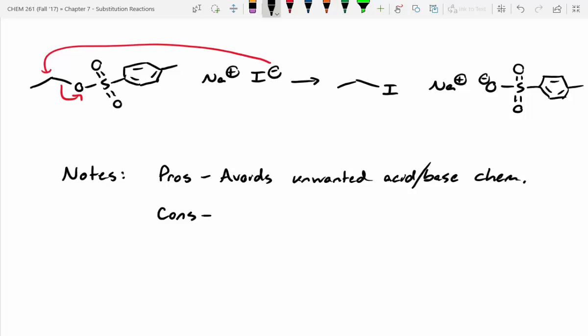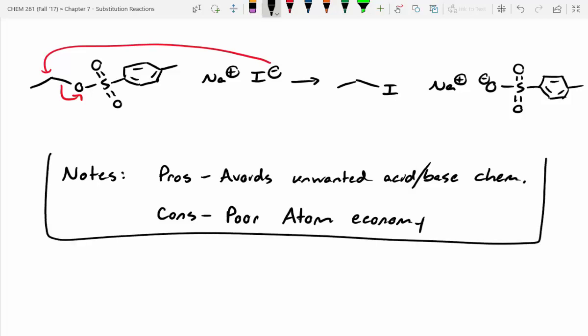We're wasting a lot of atoms in this as our leaving group. So it really depends what your goal is and what the situation is. Both of them can work in simple situations, but if you want to avoid side reactions, you normally go with the tosylation with tosyl chloride. Does that make sense?